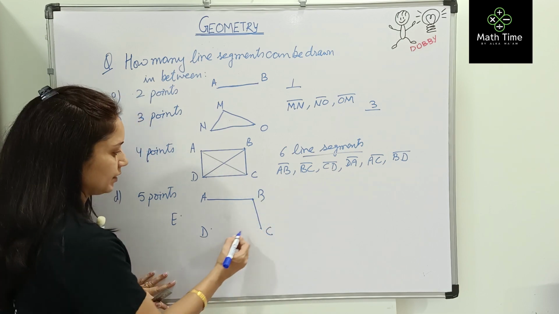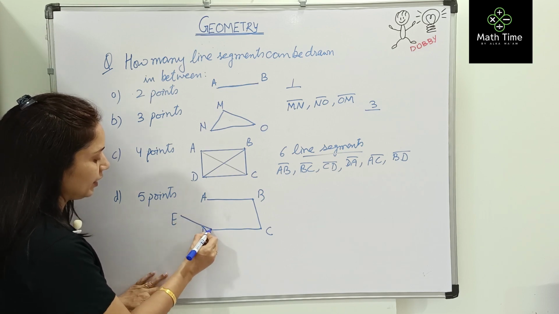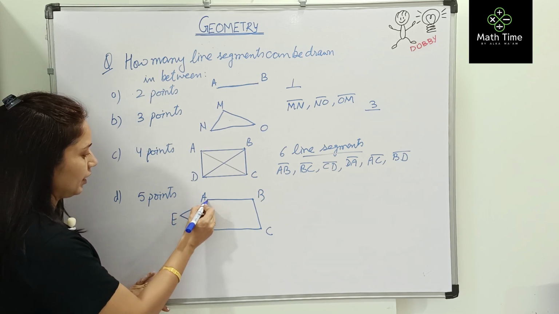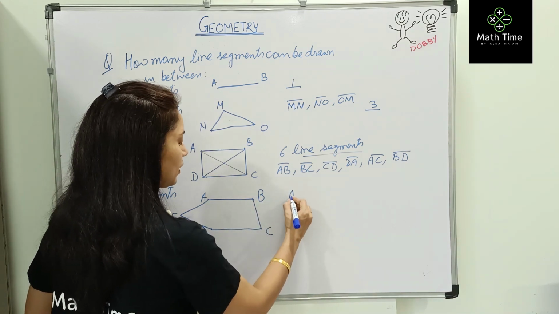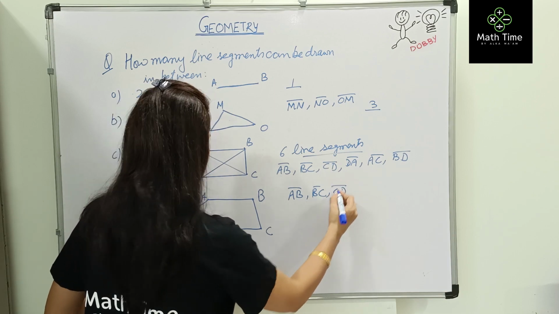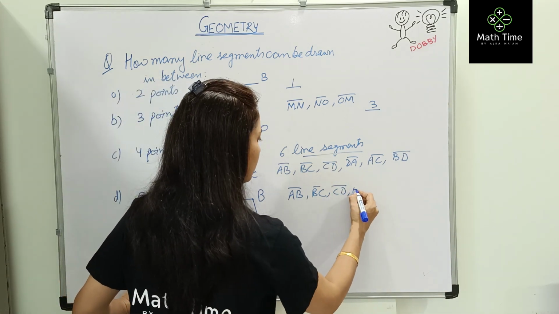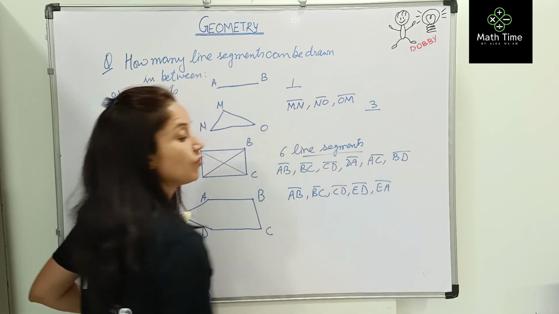BC, second line segment. CD, third. ED, fourth. EA, fifth. These are the 5 line segments. Let us write them first. AB, BC, CD, DE, and EA. 5 line segments.